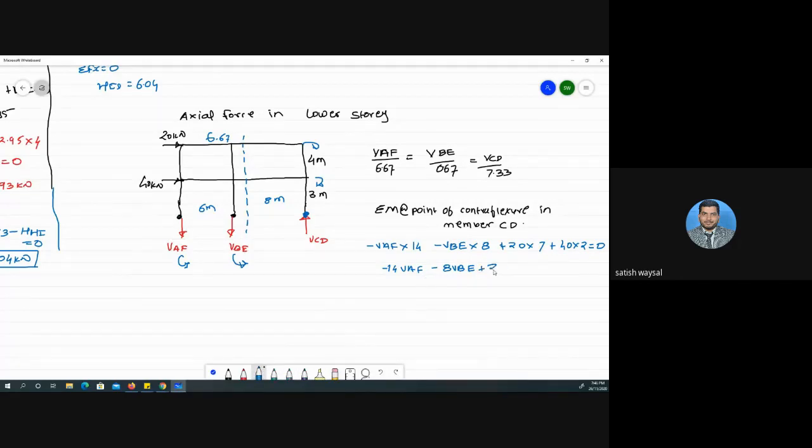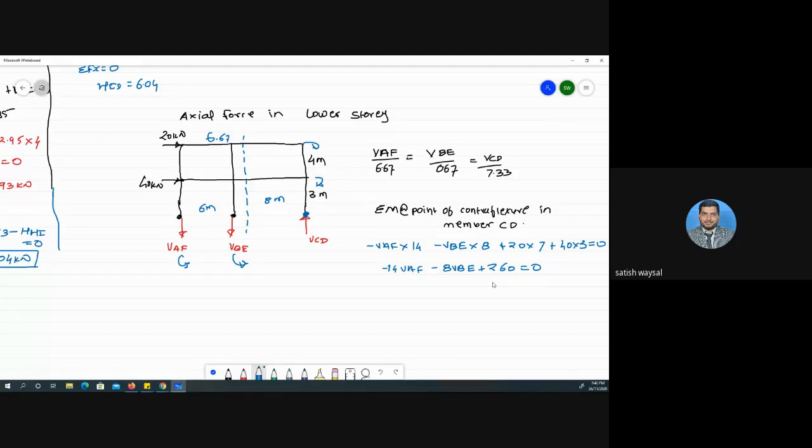Directly write down this plus 220. 40 into 3. Okay. This distance is not 2, it is 3. 40 into 3 is equal to 0. So 220 plus 40 into 3, this is 260. Very good. 260 is equal to 0.